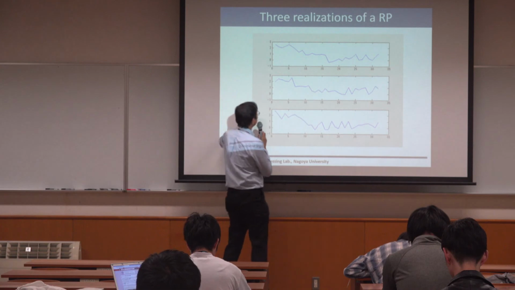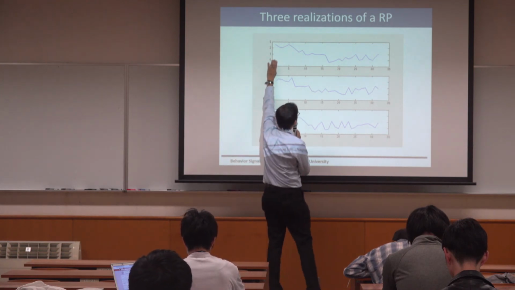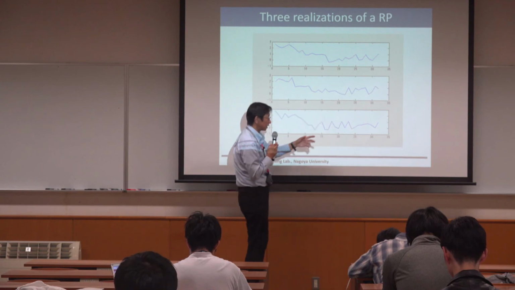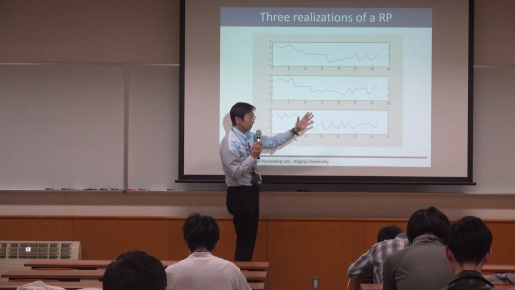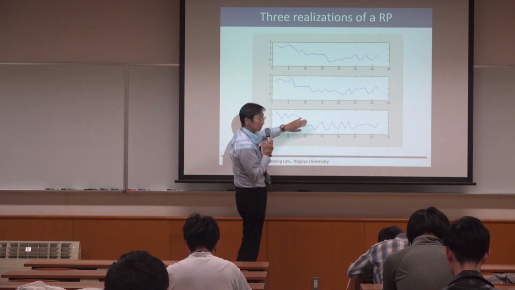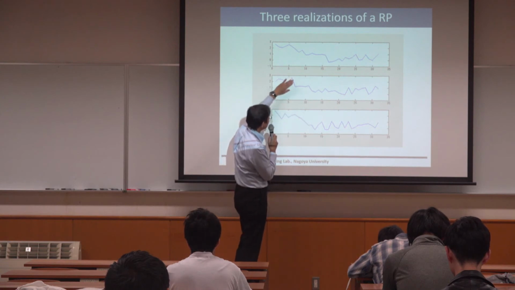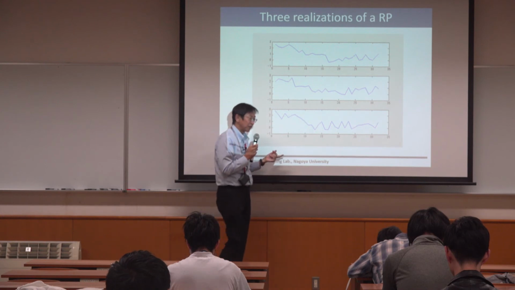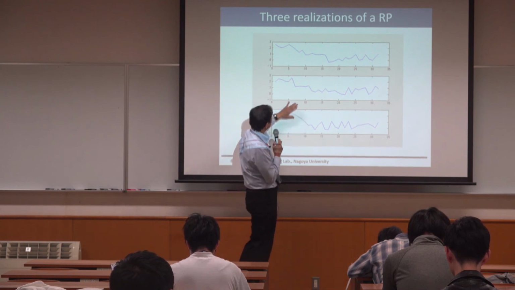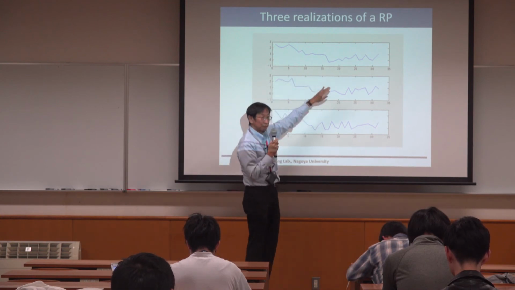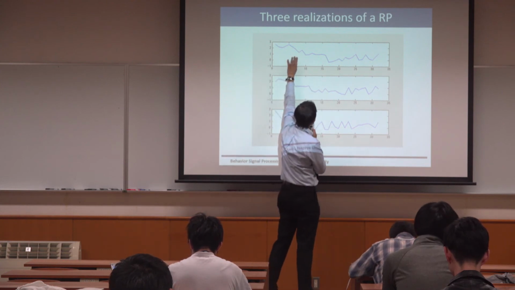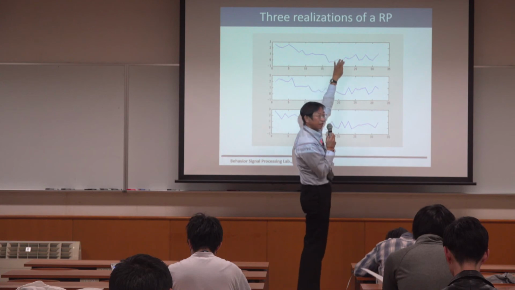When a random process is given, it does not always give you the same value of the sequence. Say, for instance, this is the average temperature of a day from summer to autumn. Generally, in summer the average temperature is high, and in autumn lower.